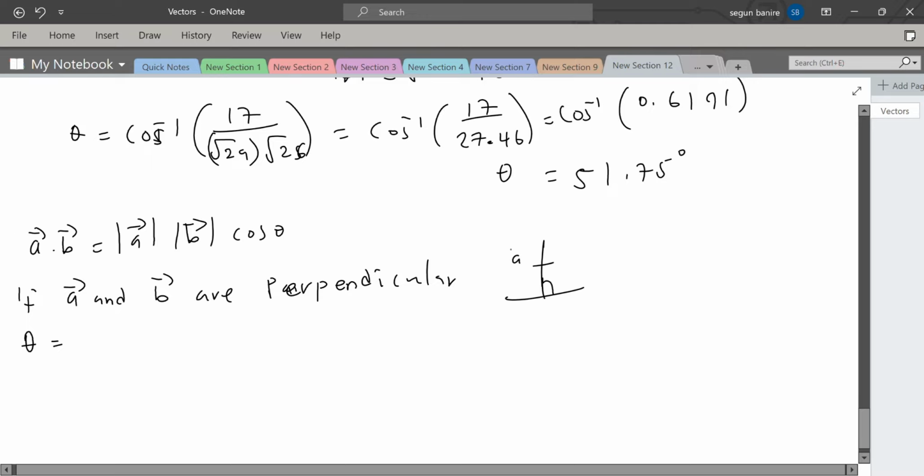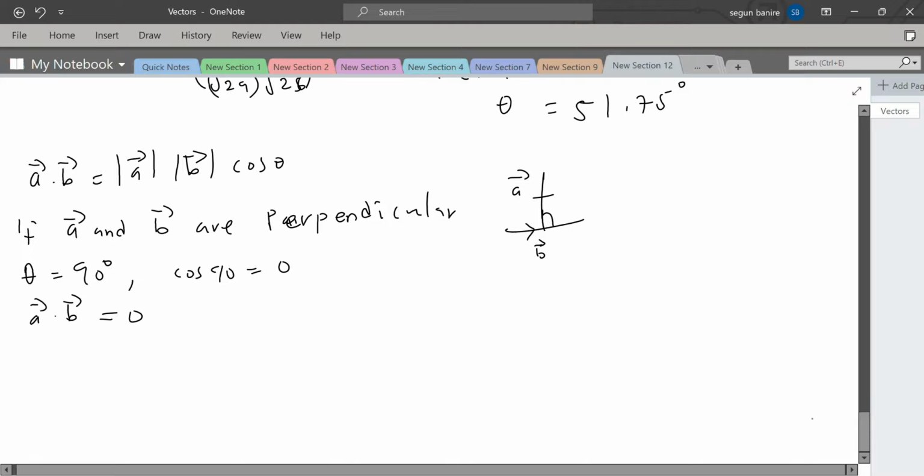You have A to be this, and then this other one is B. They are perpendicular to each other. What will the angle be? The angle will be 90 degrees. So if the angle is 90 degrees, cos 90 will give you 0. What that means is that A dot B is equal to 0. That is the implication of that.